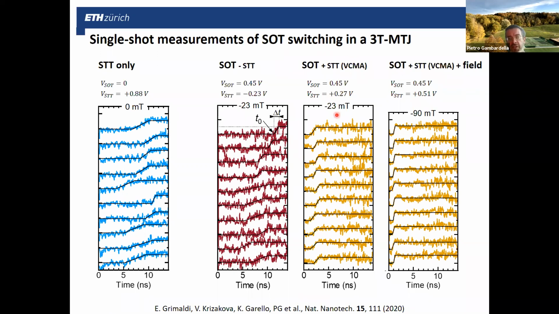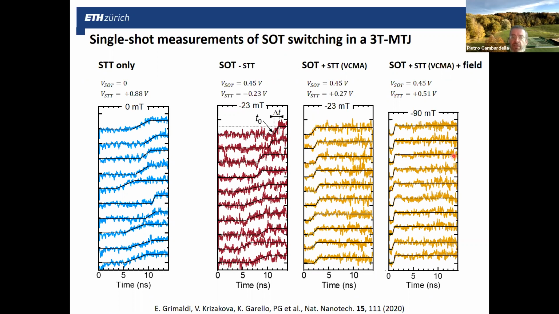In this, you can see that immediately it has a very strong effect in that the initial switching time, this T0, is reduced and becomes much more reproducible. And also this reversal time, the duration of the ramps, becomes short.